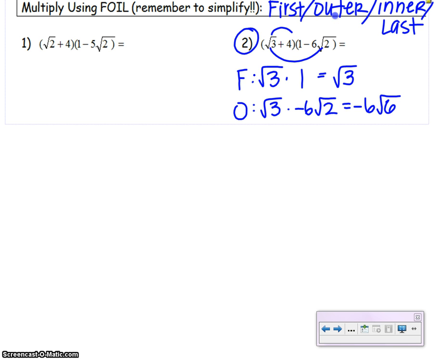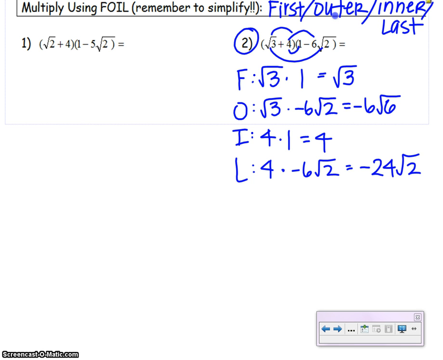The inner terms would be 4 times 1, which is just 4. And then the last terms would be 4 times negative 6 root 2, which gives us negative 24 root 2.